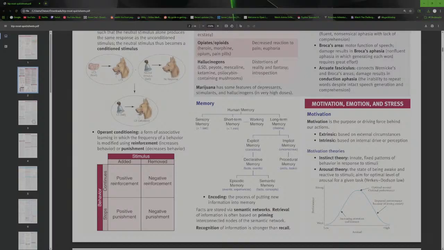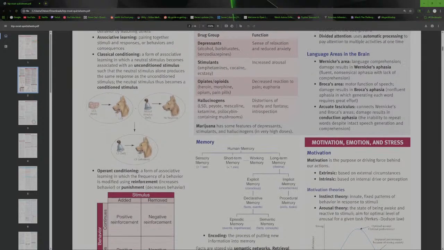So when we talk about positive reinforcement, we're adding something that will promote a behavior, while negative reinforcement is we're removing something to continue that behavior. And then a positive punishment is we add something to stop the behavior, and a negative punishment is we remove something to stop that behavior.